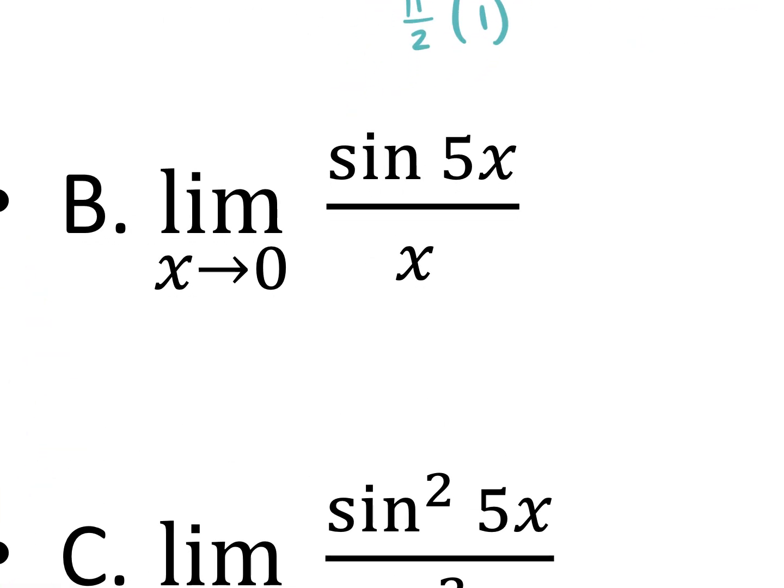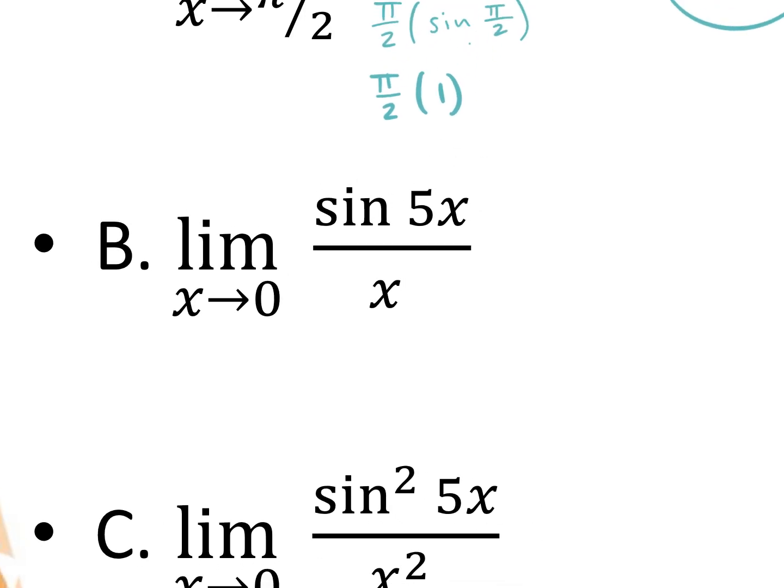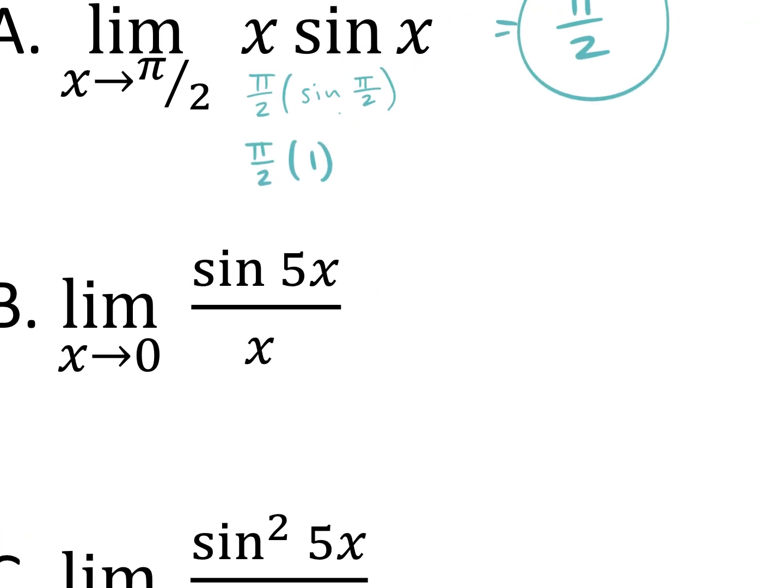But this looks super similar to one of our rules that we have to memorize. We know that the limit as x approaches 0 of the sine of x over x is equal to what? Go back to the third slide from the notes. It equals 1. This is something that you guys need to know.